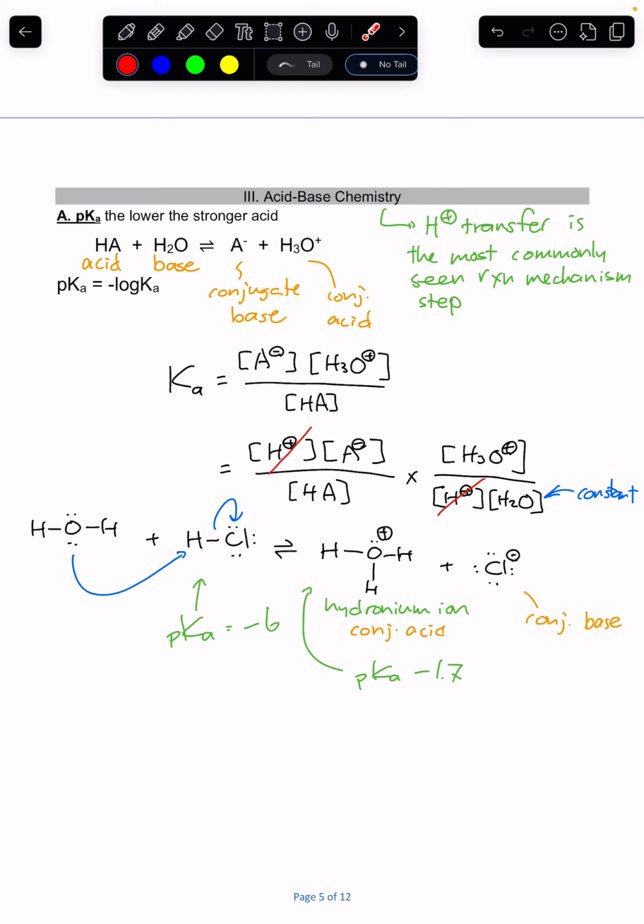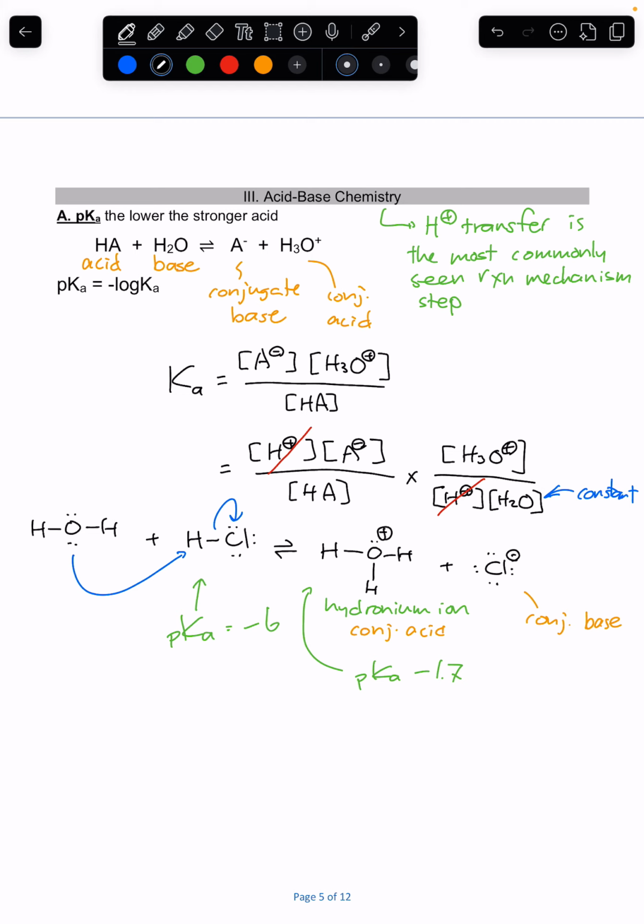Right. So what does that mean? The left side of the equation wants to become the right side more, right? Because this is the stronger acid than that. If this was stronger, the equilibrium would lie more towards the left. But because this is the stronger acid, in reality, equilibrium lies more toward the right. Hope that explanation makes sense to you.